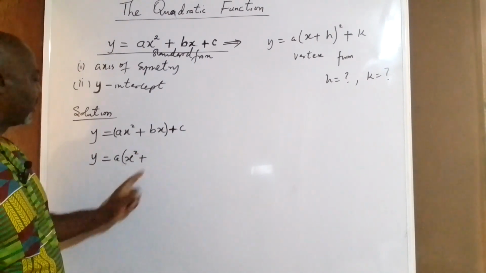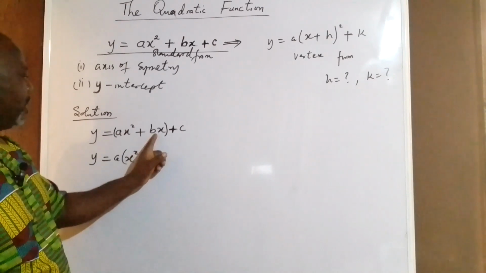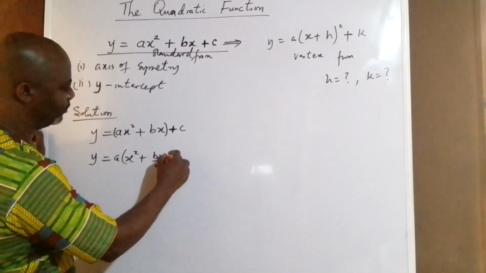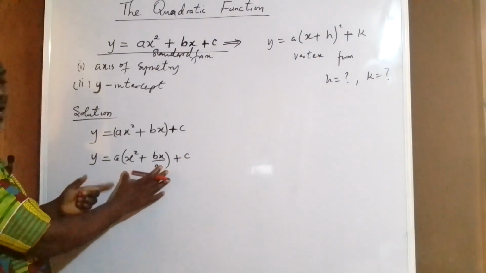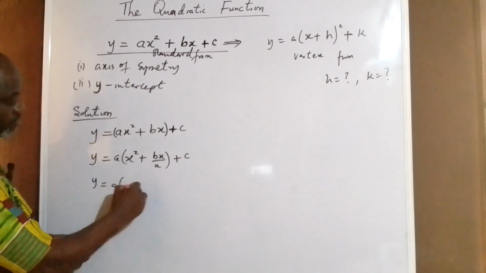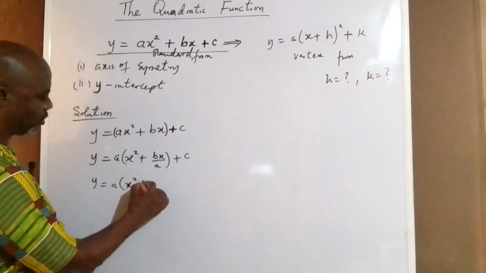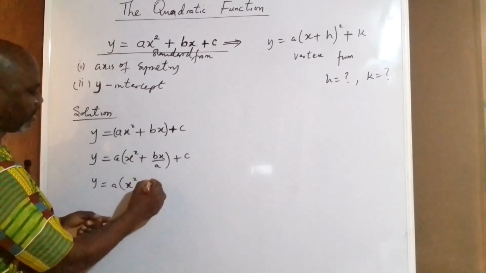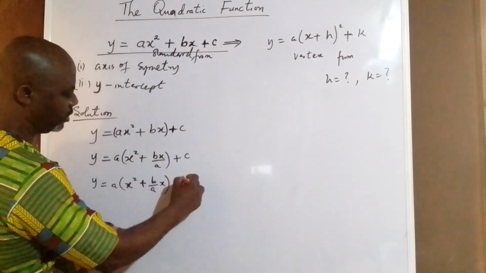The same thing I'm going to do with bx: I divide bx by a, and that will give me bx over a, then plus c. So I'm going to rewrite the function as a bracket x squared plus b over a x, close the bracket, plus c.